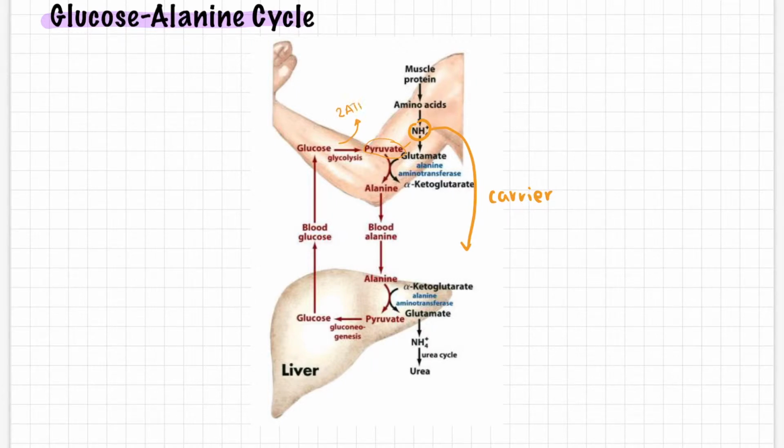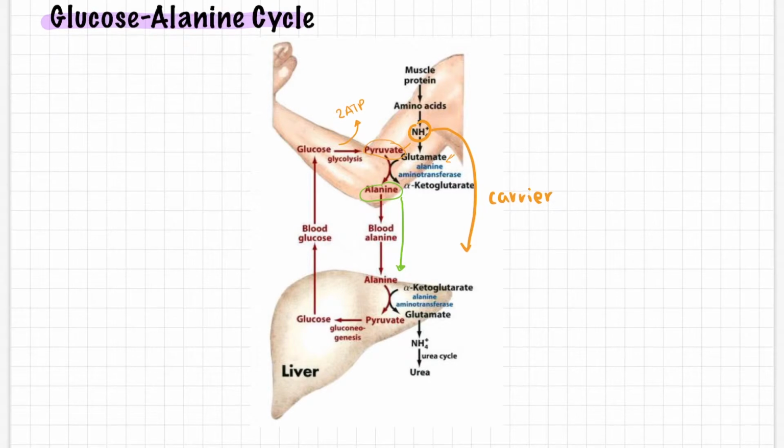That ATP can be used by the cell, and the pyruvate can be combined with ammonium to form glutamate. And then glutamate is transformed into alanine, and the alanine is the one that can be transported out of the cell into our bloodstream, and that is absorbed by hepatocytes, or liver cells. Now, in the liver occurs the reverse reaction that had already happened in our muscle.